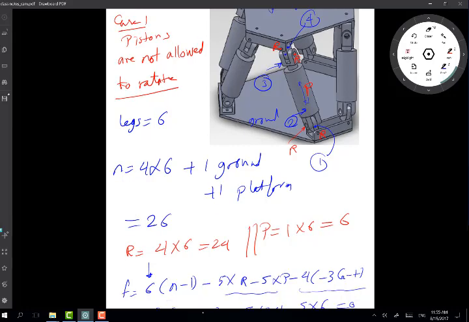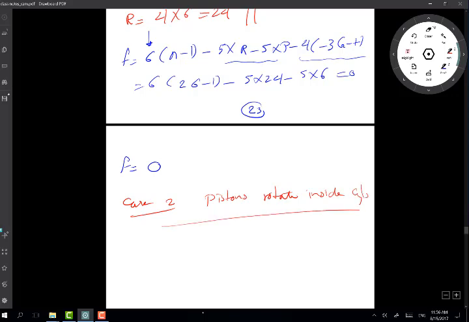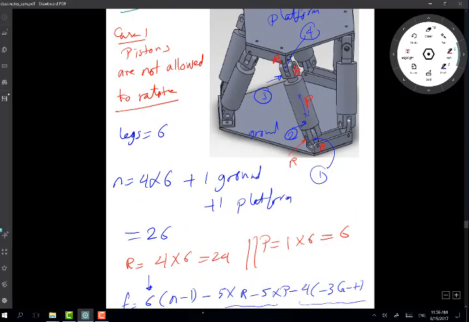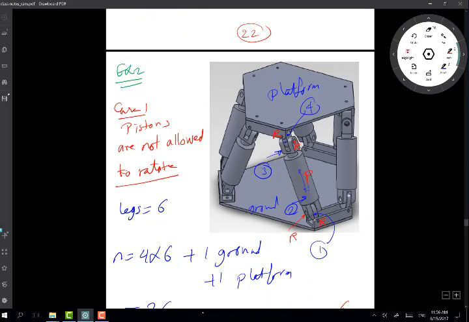So case 2, if I allow this motion to happen: pistons rotate inside cylinders. In this case, what will be the difference between the two assumptions in terms of calculations? The difference now is, instead of this being a prismatic joint, it will be a cylindrical joint, right?